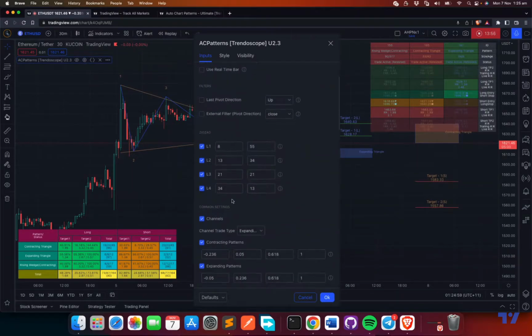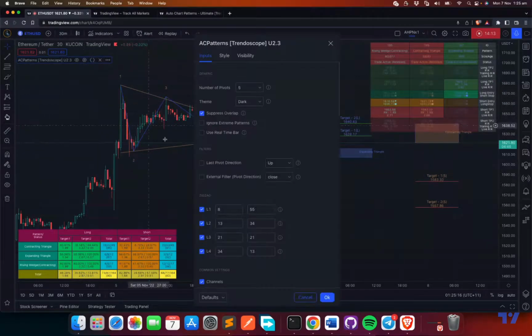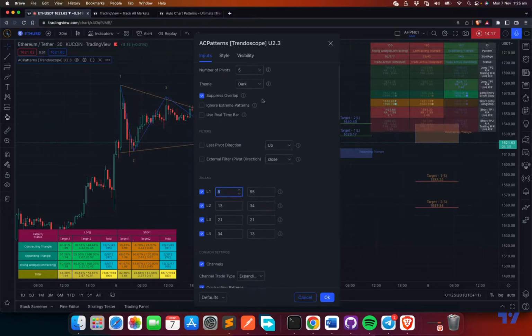Right, and zigzag settings are nothing but, as you see, these zigzag lines. Zigzags are basic building blocks for any pattern based trading scanners. If you use zigzags with lower length, you will find more of the smaller patterns. If you use higher zigzag length, you'll find longer patterns.